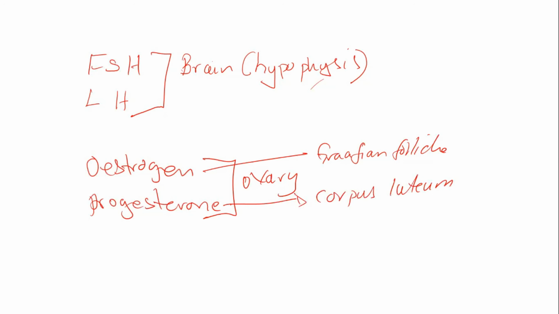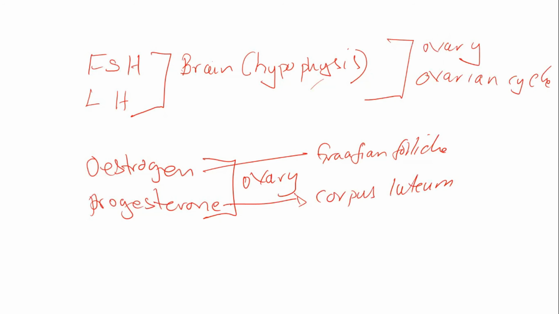You also need to know that these 2 hormones work under the ovary. Therefore, we undergo what is called the ovarian cycle. So whenever you are asked to explain the ovarian cycle, these are the hormones you are supposed to talk about.